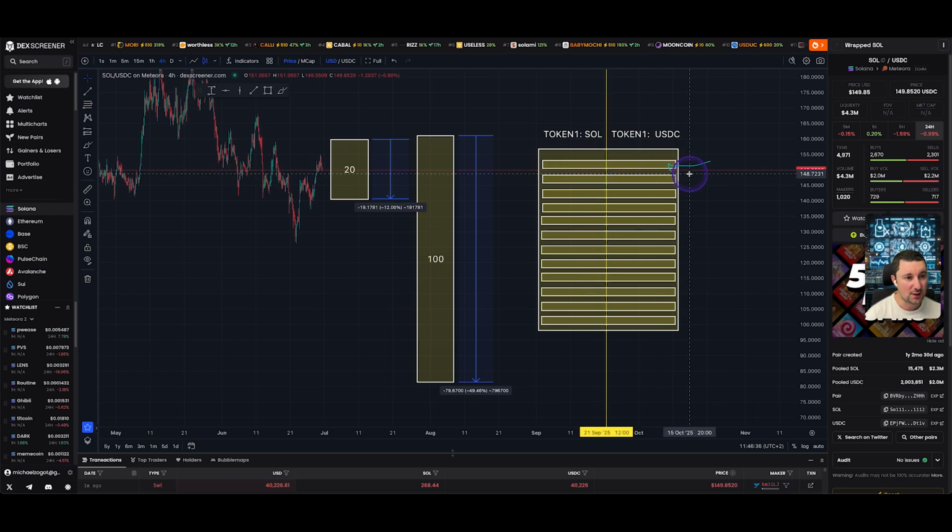And for example, in this case, we create pools every time from the market price. So when we open a pool, it will be opened at $149.